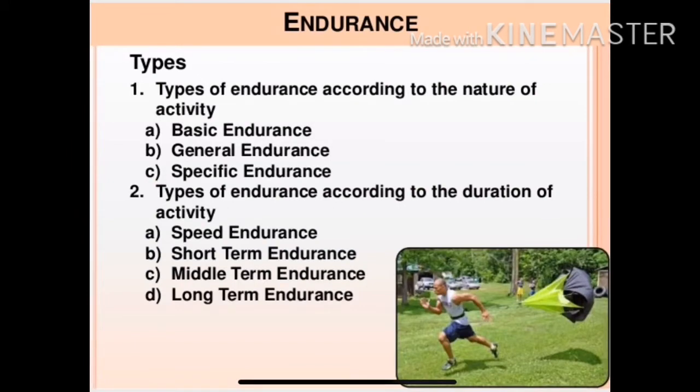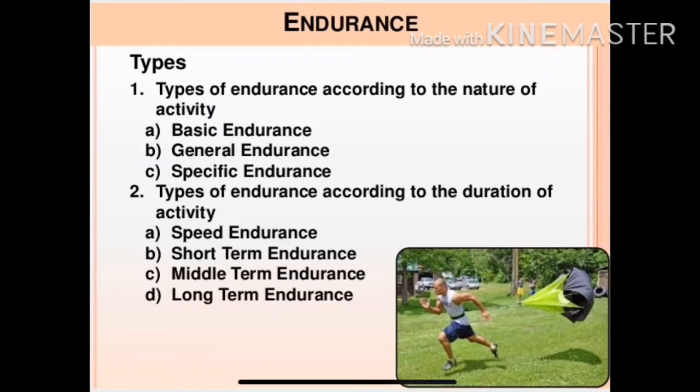So endurance is divided into two types. Number one is according to the nature of activity, in which number one is basic endurance. Basic endurance is also referred to as aerobic endurance because basic endurance largely depends on aerobic endurance.